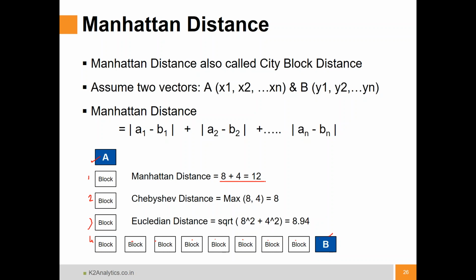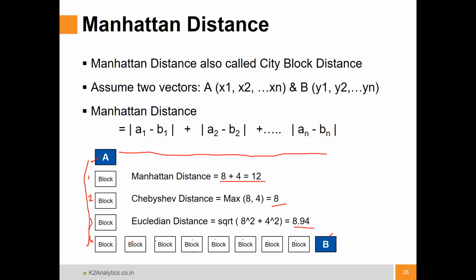If I compute the distance between block A and B using Chebyshev distance, the horizontal distance is 8 and the vertical is 4. The max of these is 8, so based on Chebyshev distance, my distance would be 8. And if I apply the Euclidean formula, it would be 4 squared plus 8 squared, square root of that, 8.94.